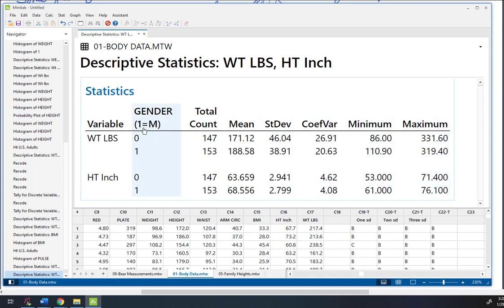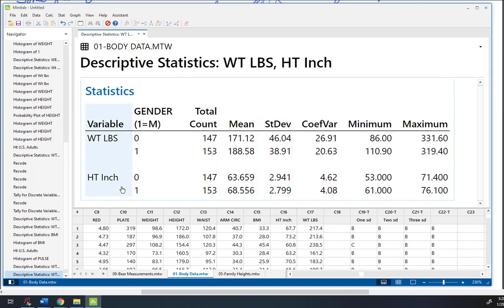All right. Gender, 1 is equal to male. So this is female. And this is weight. So the average weight, average being mean in this case, the mean weight for women is 171 pounds, and the standard deviation is 46 pounds.